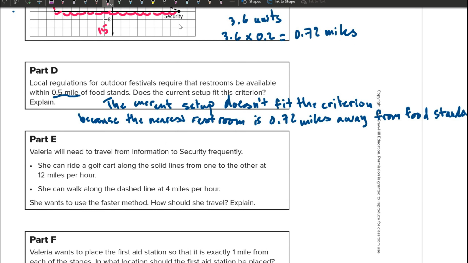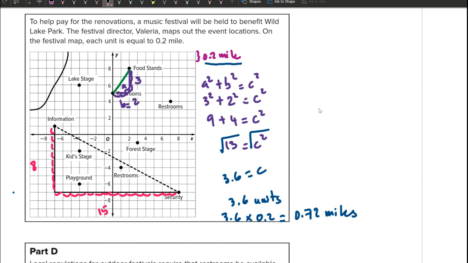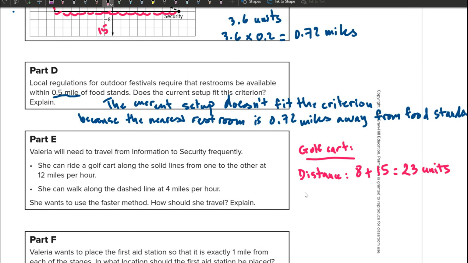So if we use the golf cart, the distance will be 8 plus 15 units, so that will be 23 units, right? But each unit represents 0.2 miles, so that will be 23 times 0.2. That will give you 4.6 miles in total.